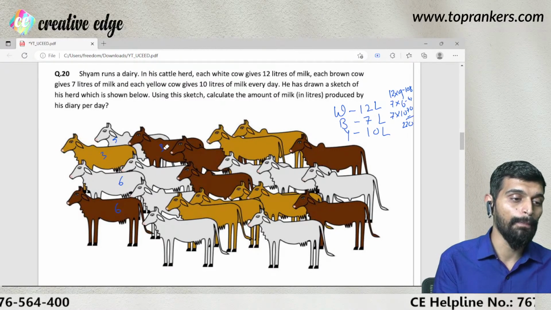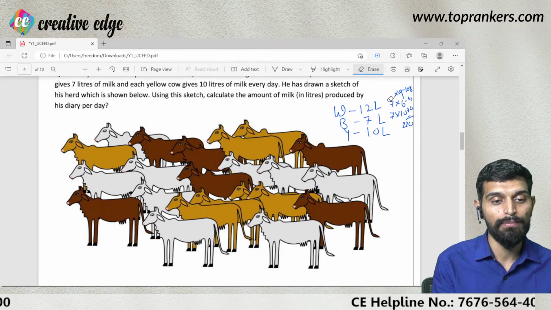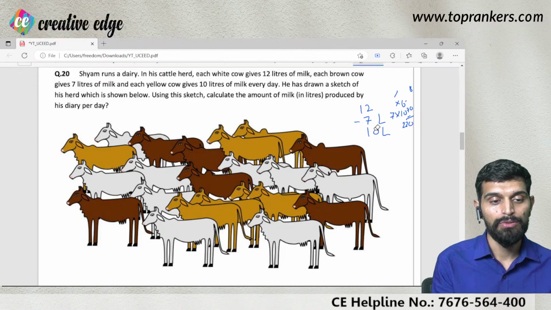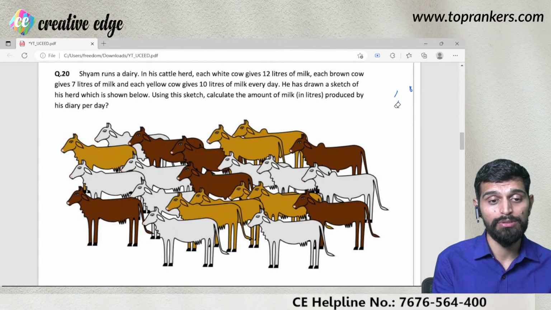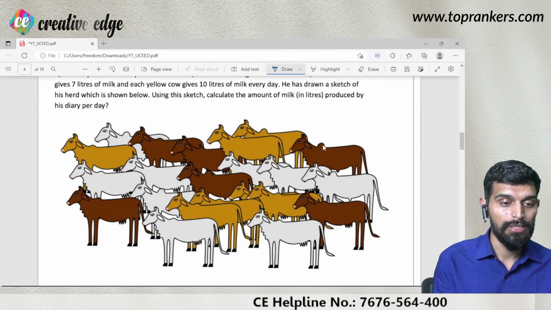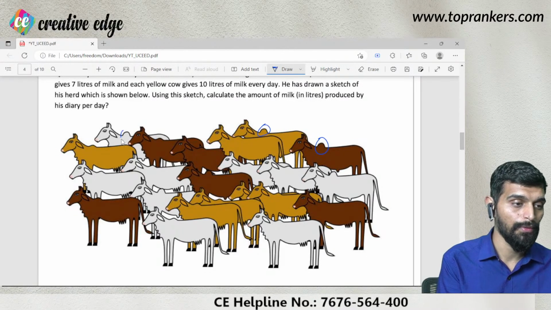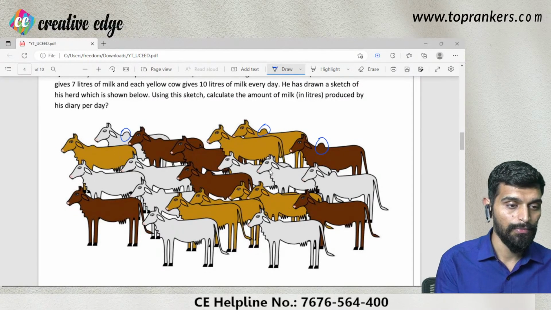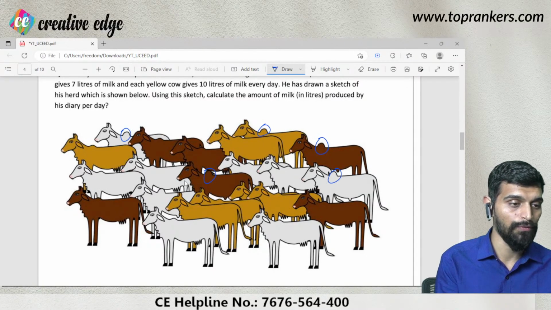So if the hump is there, then that is not a cow that gives milk, right? So let me highlight the cows that are male cows, right? See this one, see this yellow one, see this white one, then this white one, then this brown one, right?